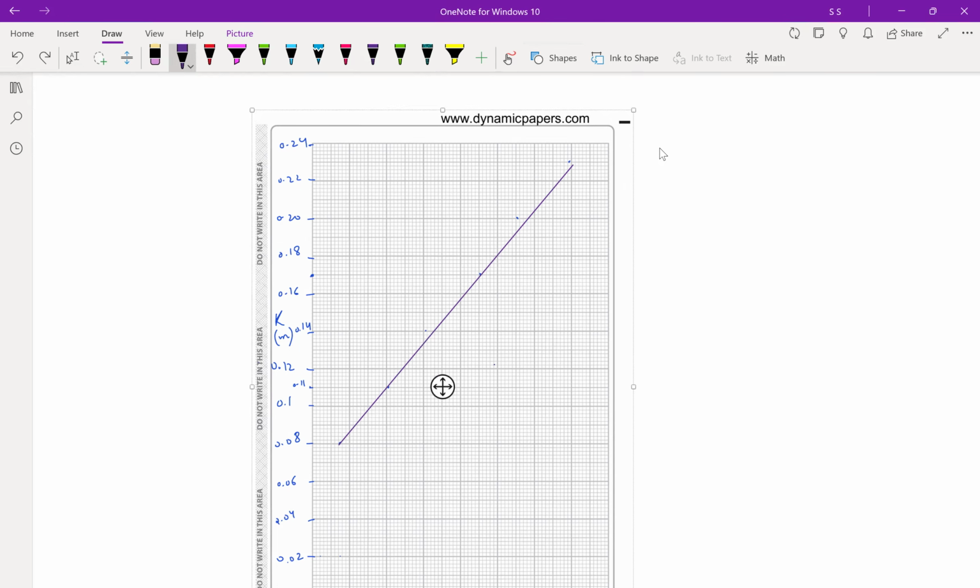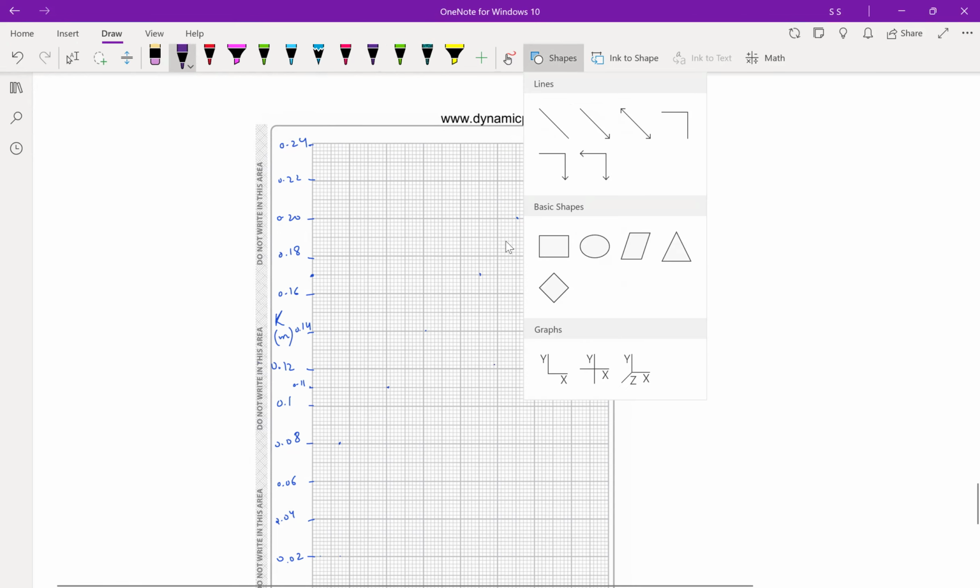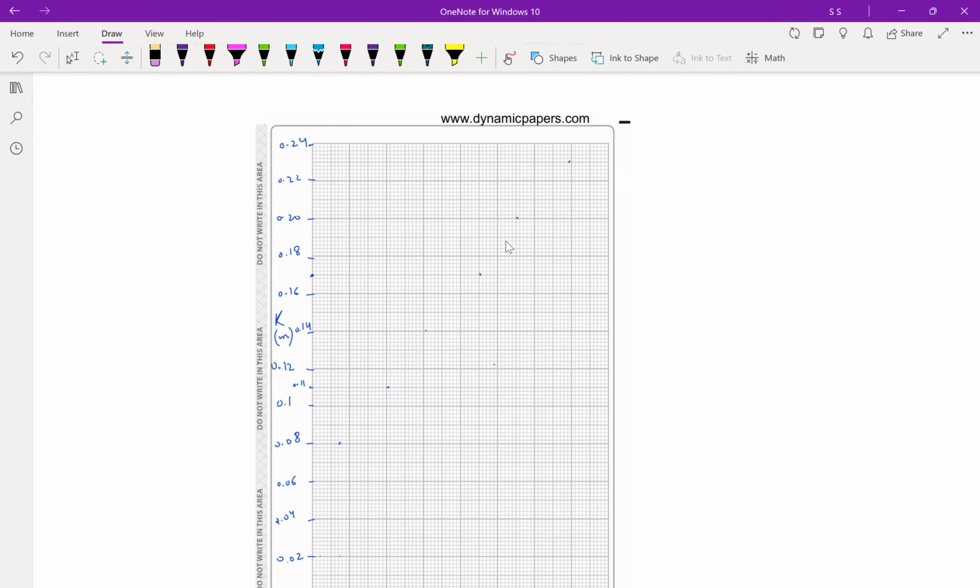So this is the best I can adjust it. Right now it's passing through this point, this and this, it's passing through 4 points.